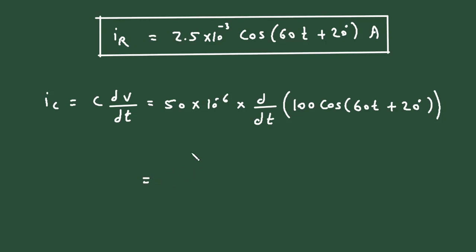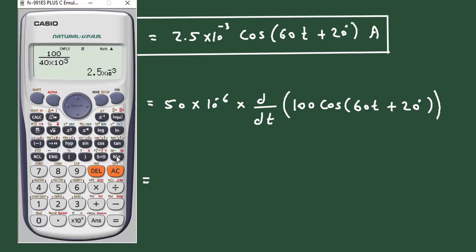Now if we simplify this, it will be 50 × 10^-6 × 100.